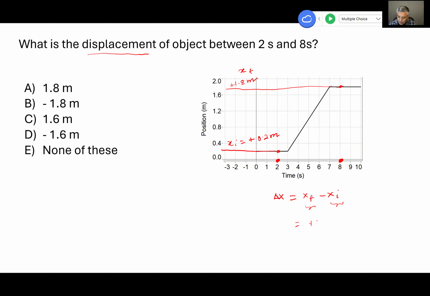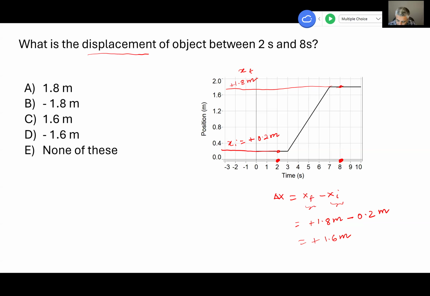So positive 1.8 meters minus positive 0.2. Positive times negative is negative, so I can write that. So positive 1.6 meters.